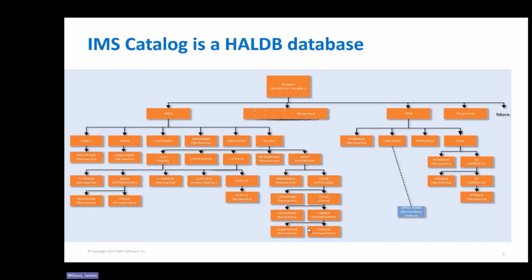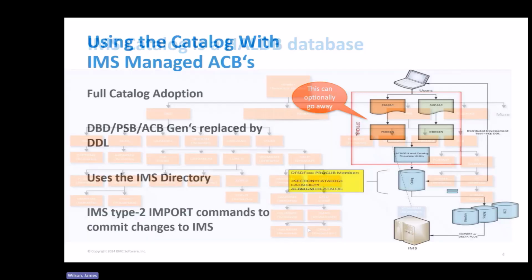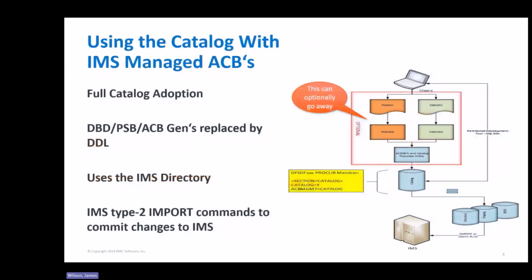And this is the new process, basically. Where we used to have a DBDGEN, PSBGEN, ACBGEN in IMS, now we have DBDGEN, PSBGEN, and then a new ACBGEN that actually populates the catalog in addition to generating an ACB.